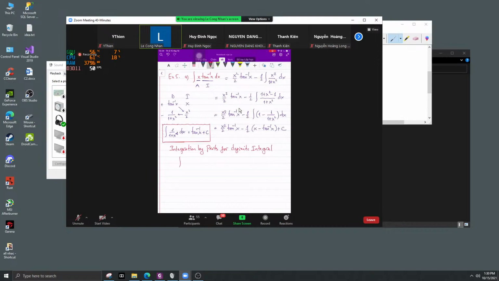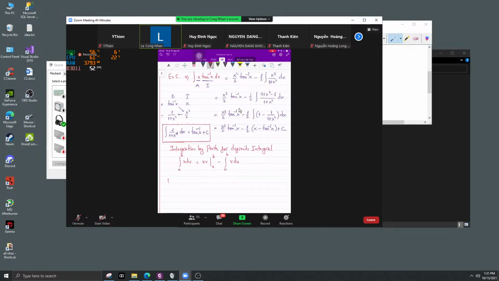The integral of u dv from a to b equals uv evaluated from the lower limit to the upper limit of integration, minus the integral from a to b of v du.